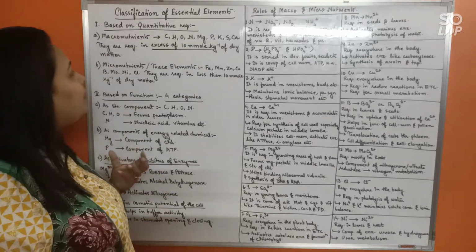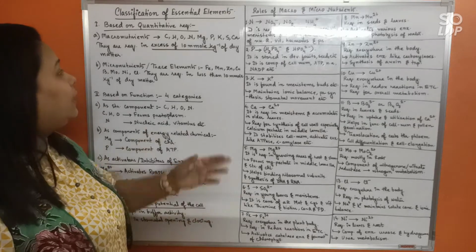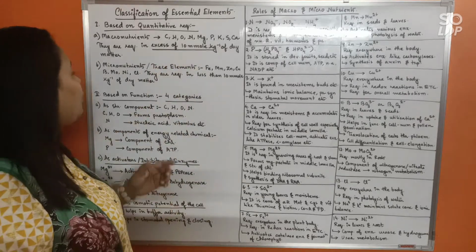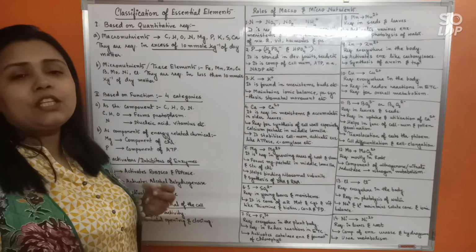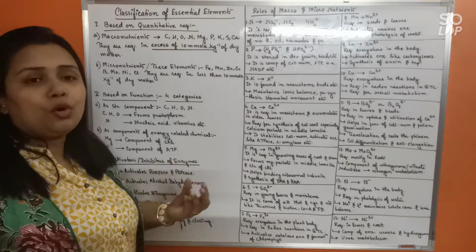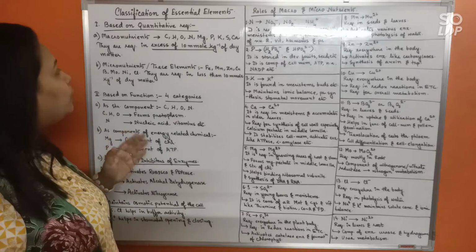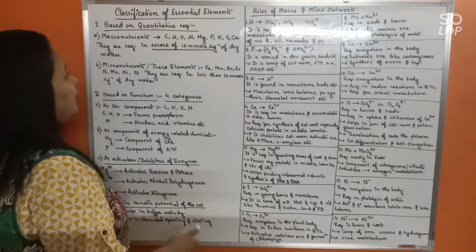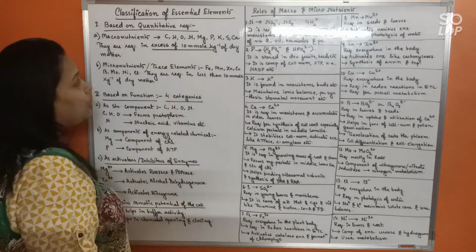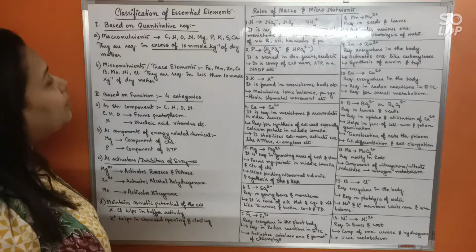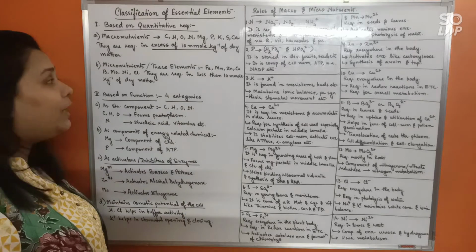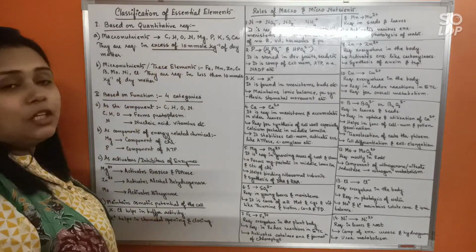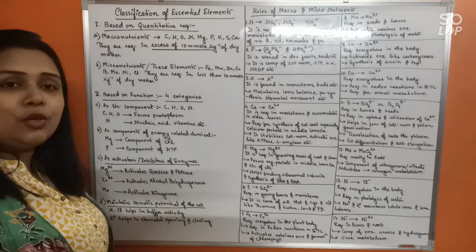That means they are required in more quantity. Which are those macronutrients? They are carbon, hydrogen, oxygen, nitrogen, magnesium, potassium, phosphorus, sulfur and calcium.